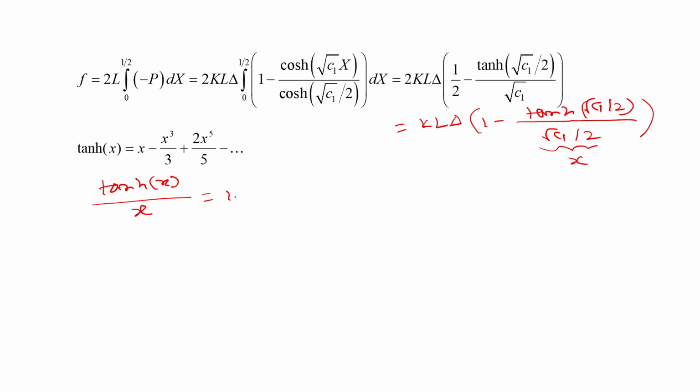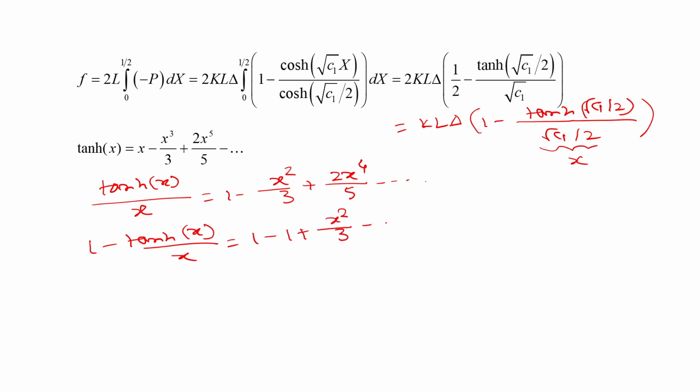So, 1 minus tan hyperbolic of x divided by x is 1 minus 1 plus x square by 3 minus 2 x to the power 4 by 5 plus and so on. So, this 1 gets cancelled, and what we have is x square by 3 minus 2 x to the power 4 by 5 and so on.